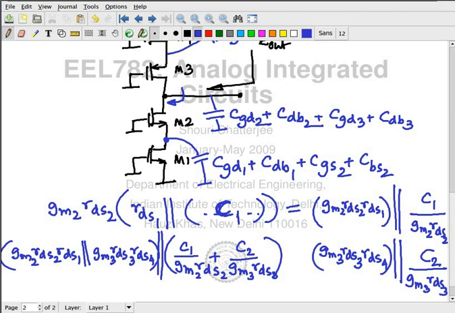You will get 3 poles. The fact of the matter is that the remaining 2 poles are at very, very high frequencies, much higher than this particular pole, probably 20 times higher. Which is why I have approximated it out. I'm not considering it.